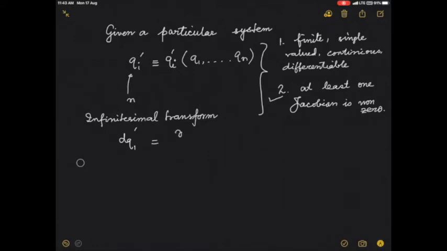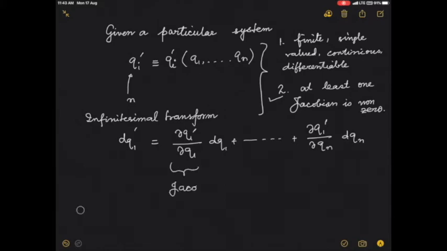Well, I can just expand this in Taylor series. So this will be del q1 prime by del q1 dq1 plus and so on, up to del q1 prime by del qn dqn. Now these are the Jacobian elements. The Jacobian is essentially given by this quantity, and you can see that this is the case where i equals 1, j equals 1.